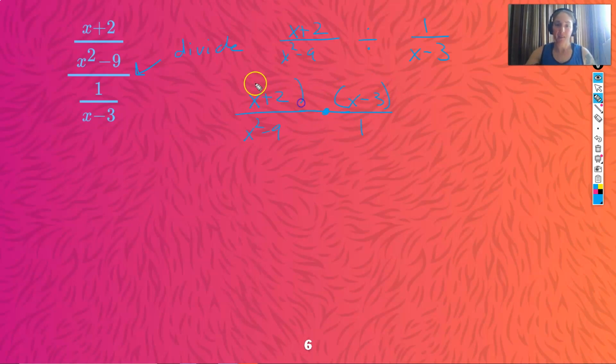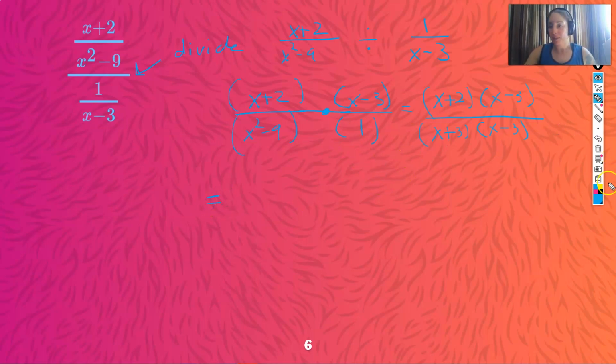Let's factor everything. Well, x plus 2, x minus 3 is already factored. X squared minus 9, hey, that's a difference of squares, so that's x plus 3, x minus 3. And anything times 1 is itself, so we could basically just poof that away.